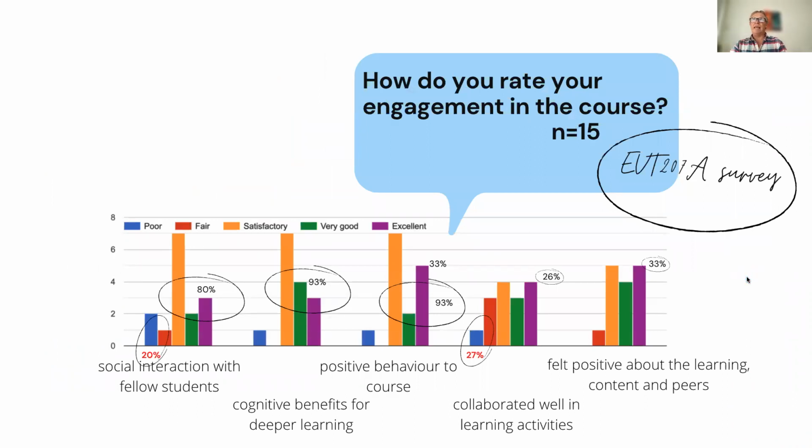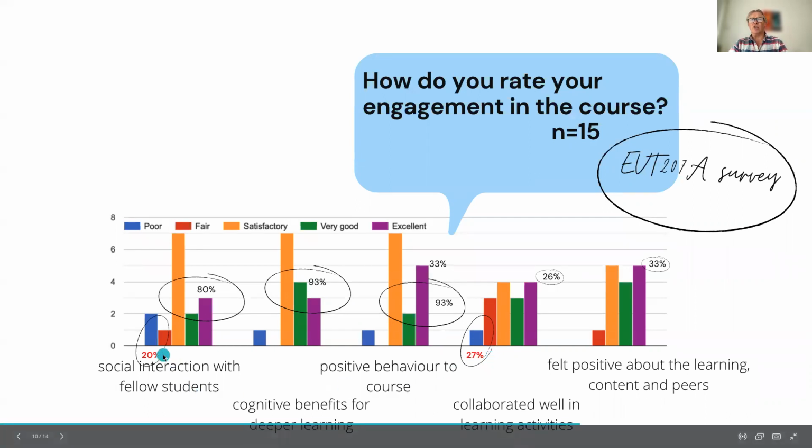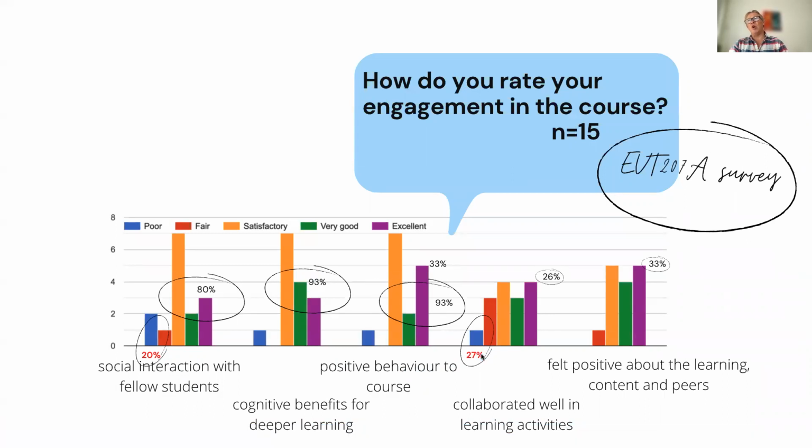Students also looked at engagement in the course, and it was great to see 2 areas, positive behavior to the course, 93%, and cognitive benefits at 93% for satisfactory or better. But there are areas of improvement as well on social interaction with fellow students and collaboration between students.